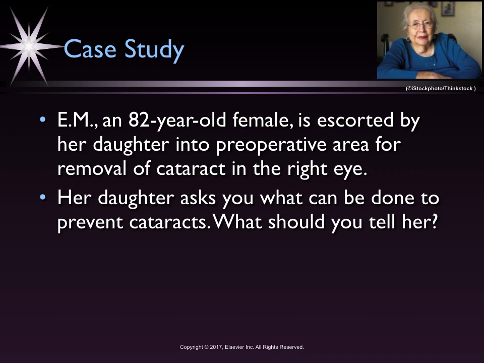And the results from the study showed that high levels of antioxidants and zinc significantly reduced the risk of age-related macular degeneration. Now, remember, the macula is in the center of the eye, and you need that to see.